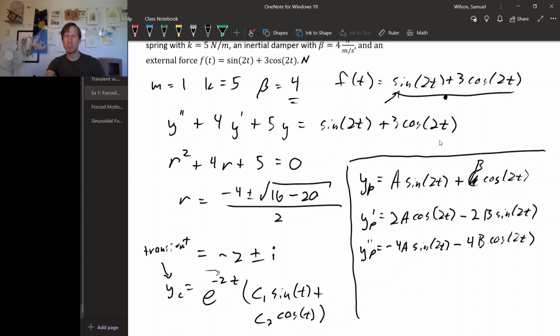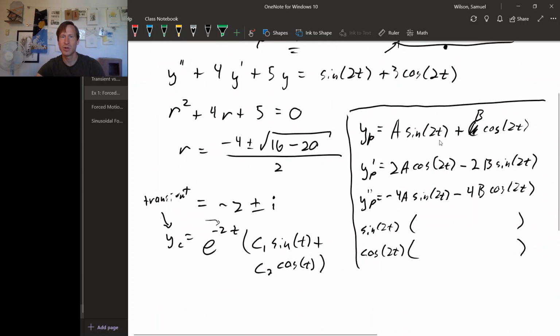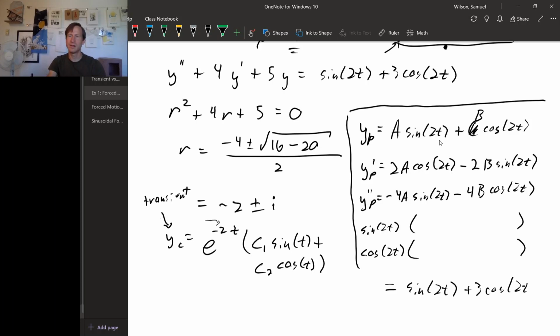Okay, now we can plug all of this stuff into our differential equation. So let's gather up all of the stuff that has sine 2t in it, and let's gather up all the stuff that has cosine 2t in it, because we're going to set this all equal to the inhomogeneous term, which is sine 2t plus 3 cosine 2t.